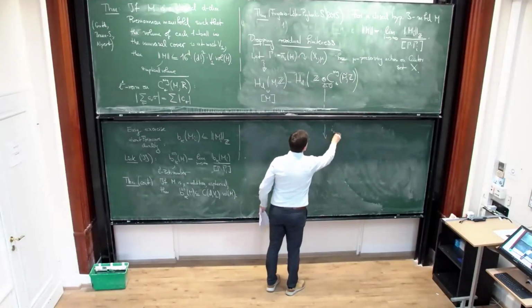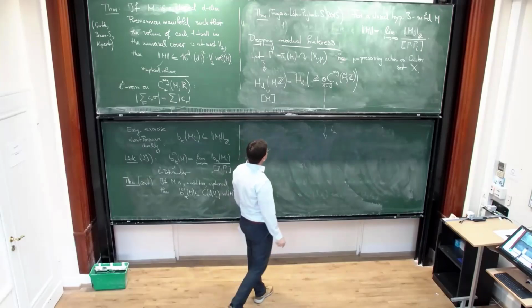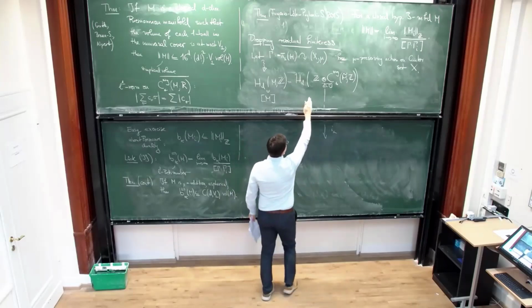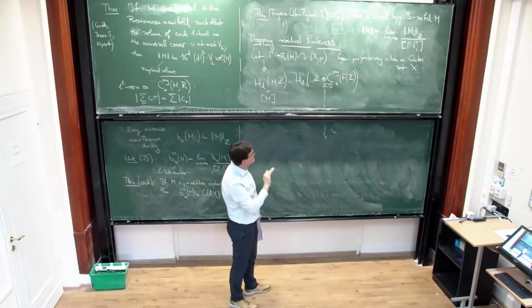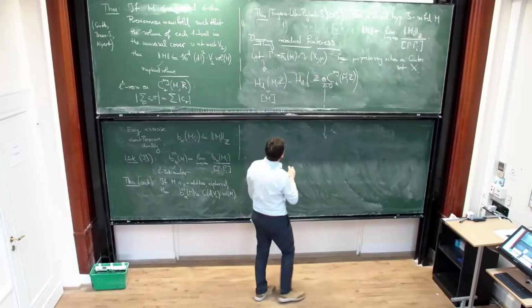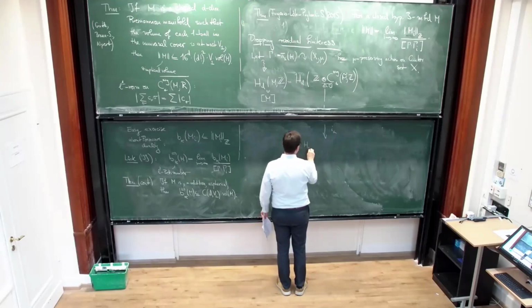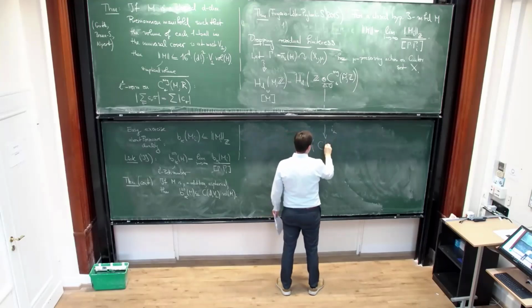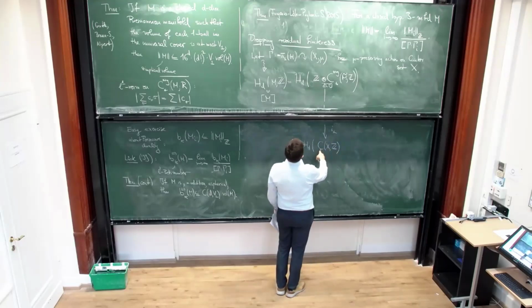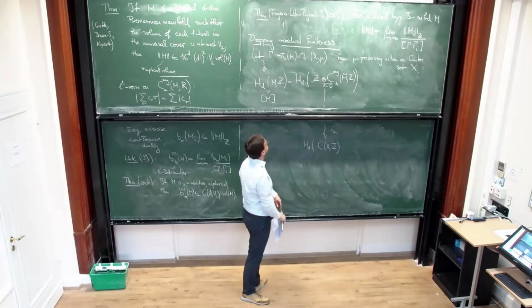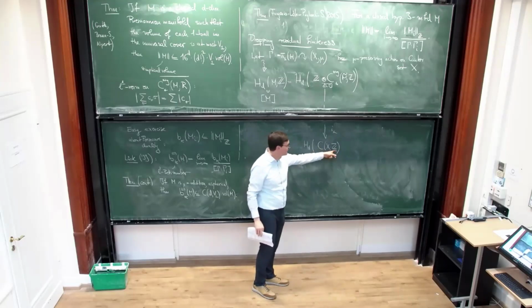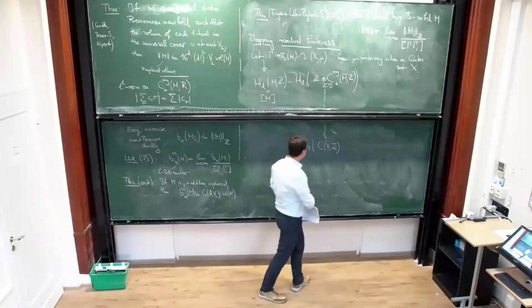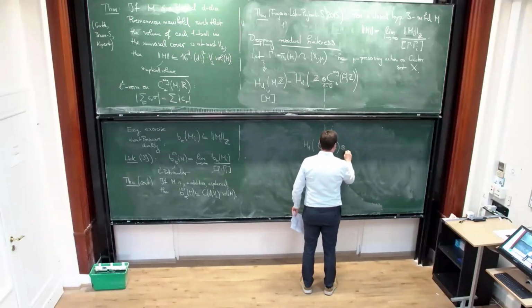Let's call it I star. It comes from the inclusion of Z as constant functions into the space of continuous functions on my compact set. Okay, this is maybe an unfortunate similarity of notation. So this is continuous integer-valued functions, not a singular chain complex.